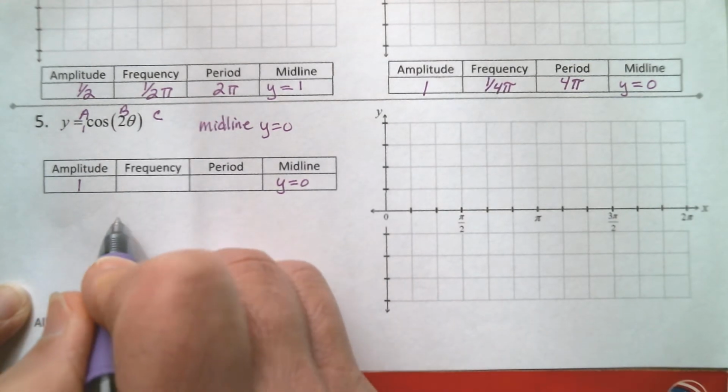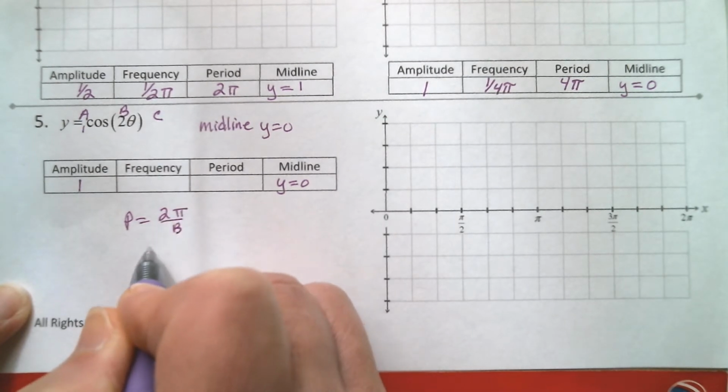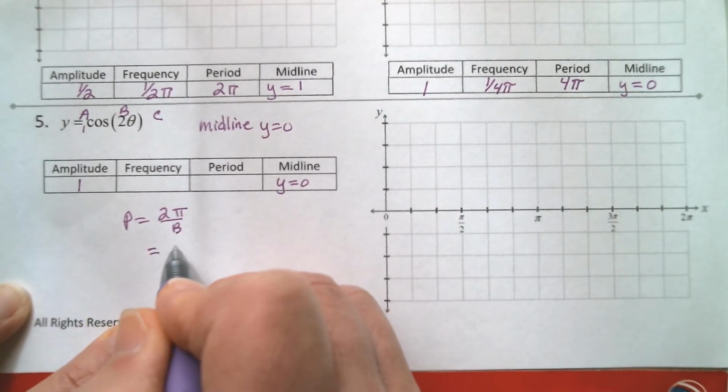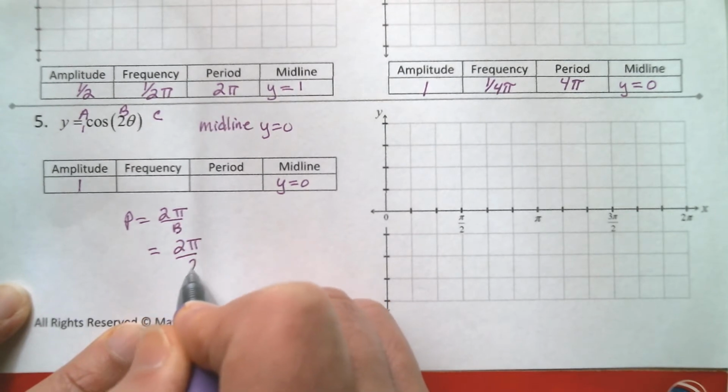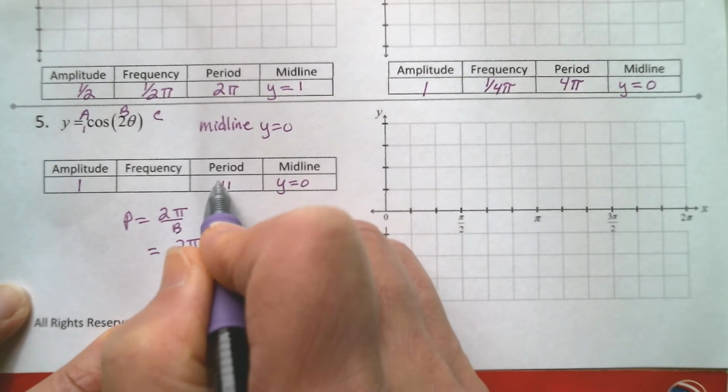And our period, 2 pi divided by 2 is pi. So our period is pi.